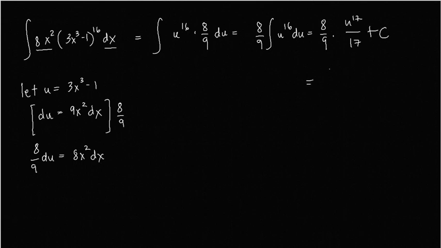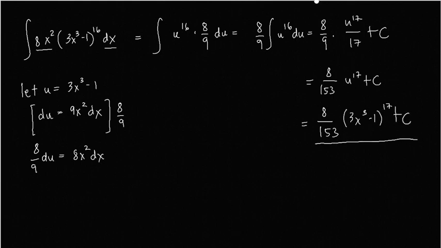So we have 8 over 17 times 9, which is 153, u raised to 17 plus c. And lastly, going back to our original variable, which is x, this is u, which is 3x cubed minus 1 raised to 17 plus c. Okay, so this will be our final answer for this problem.